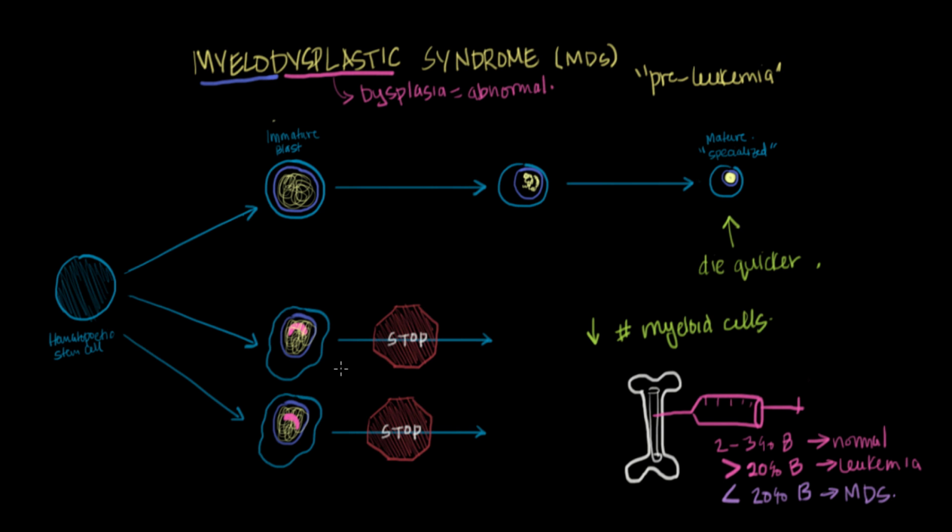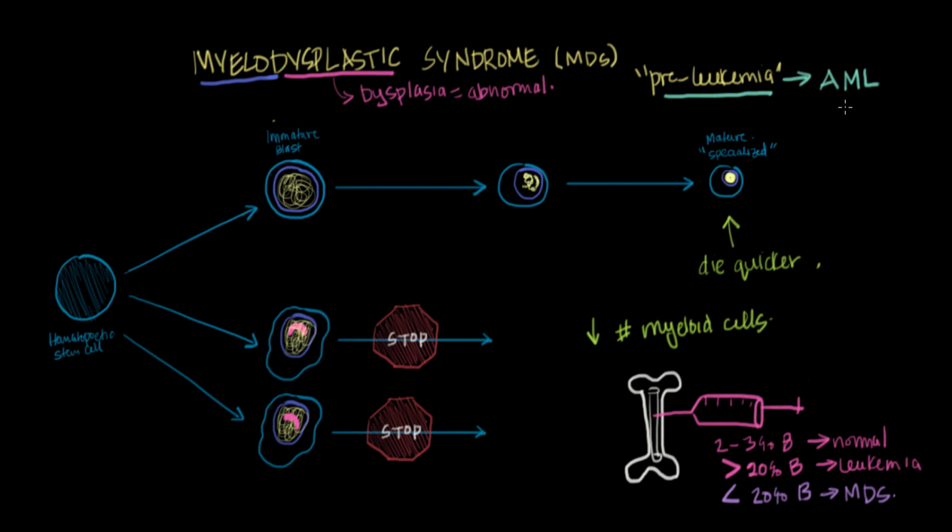It would lead to a myeloid leukemia, right? And since these are very immature cells, it could lead to an acute myeloid leukemia. And that's why people often refer to myelodysplastic syndrome as being a pre-leukemia, because you already have one mutation required for the development of leukemia. All you need is another one. And if you were then to acquire the second mutation, your myelodysplastic syndrome would transform into an acute myeloid leukemia.